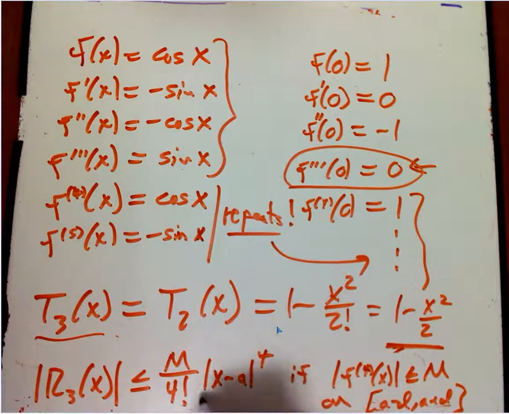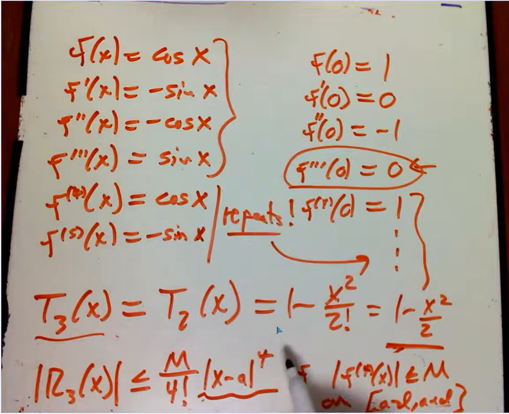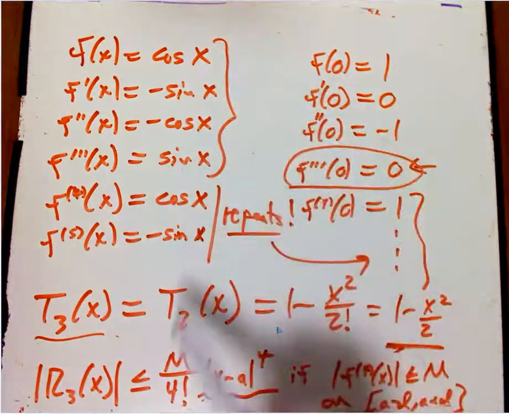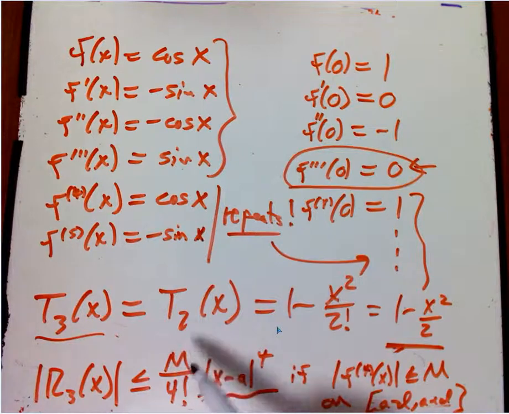And the good news, of course, as long as you stick pretty close to a, then x minus a to the 4th, you're taking a small number to the 4th power. You might get a little bit of advantage here from the fact that that's a 1 over 24, 4 factorial. It might be canceled out in some cases by the fact that the more derivatives you take of a function, the M might get wilder and wilder, and that often happens. But of course, with cosine, the great thing is you can always use M equals 1 for any derivative, and that's really nice.